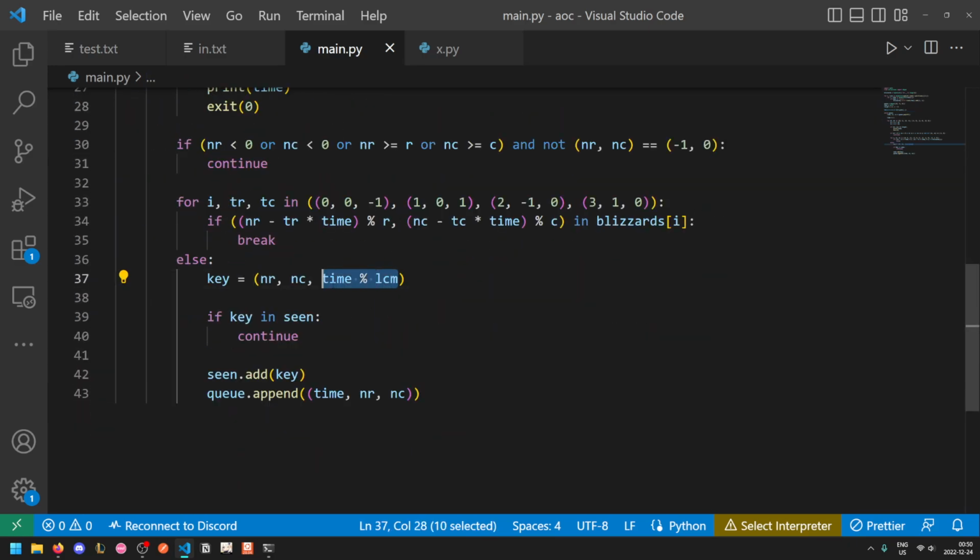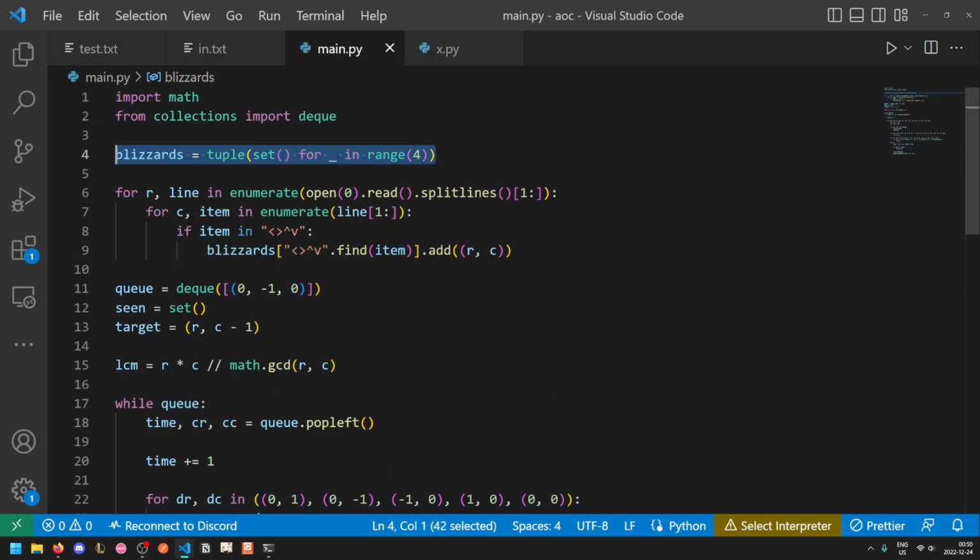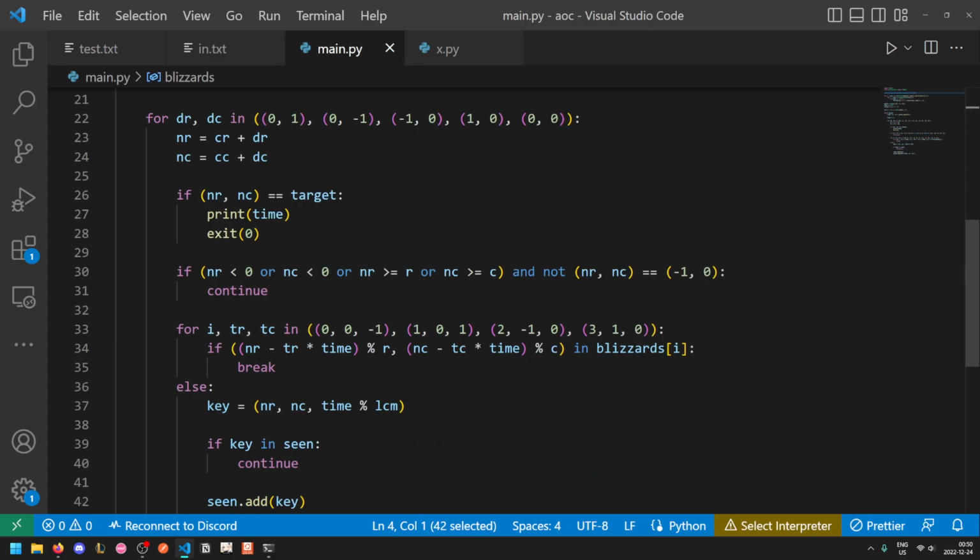If the time is the same modulo the LCM, that means that the board state is the same because it cycles every LCM minutes. And so we can use this to cut down on our state count drastically by skipping over things that are functionally the same. Additionally, by not shifting the blizzards, we can instead shift ourselves in the opposite direction of the blizzards to check if we would collide with a blizzard in that position.